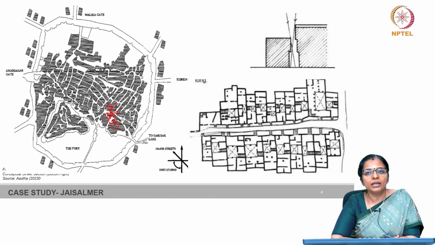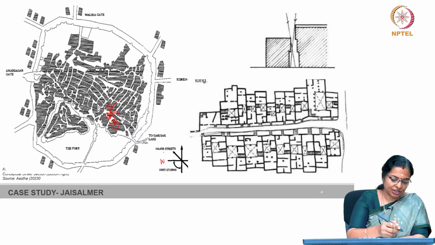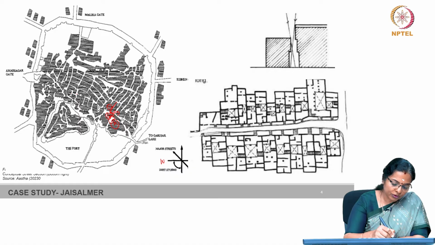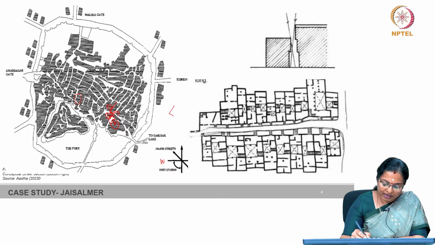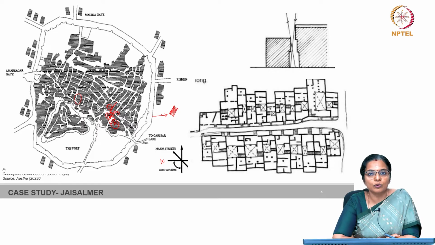Havelis are predominantly oriented towards the east and west with longer walls facing north and south to avoid direct solar radiation. As we had already seen, you can see this is the west direction, and most of the houses, say if we take any particular house, you can see that the houses are at an angle, and so direct solar radiation from the west does not impact the houses, at least most of the houses.